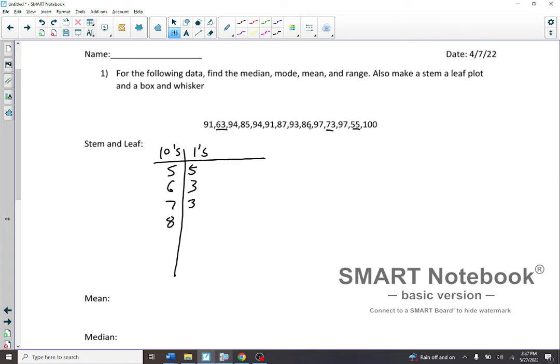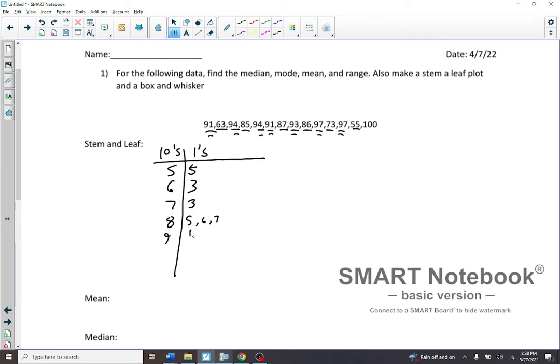80s, I see a 85, 87, 86. Okay. 85, 87, 86, so 5, 6, 7. For 90s, we'll have 91, 94, 94, 91, 93, 97, 97. So let me double line this so I can see it a little bit clearer.